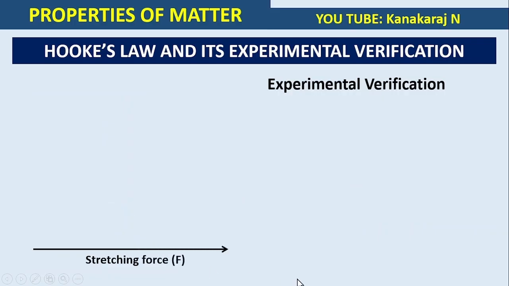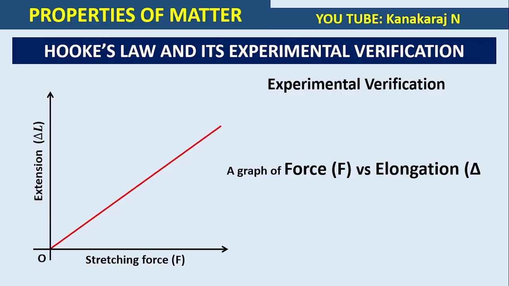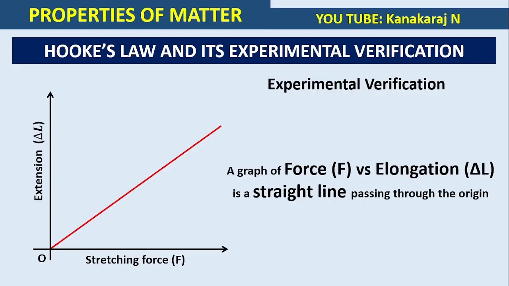We are taking the stretching force along the x-axis and the extension del L along the y-axis. The origin is O. We get a straight line passing through the origin. A graph of force F versus elongation del L is a straight line passing through the origin.